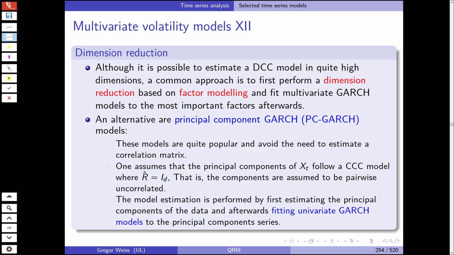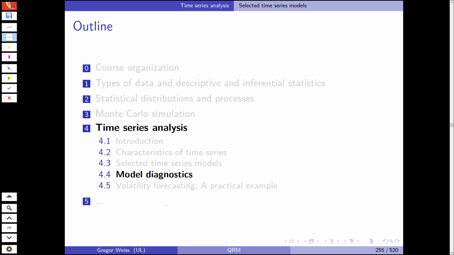That is, the components are assumed to be pairwise uncorrelated. Then the model estimation is performed by first estimating the principal components of your time series and afterwards fitting univariate GARCH models to the 2, 3, or maybe 4 principal component series that you have extracted from your principal components analysis based on your initial multivariate time series. So this is also one thing you can do.